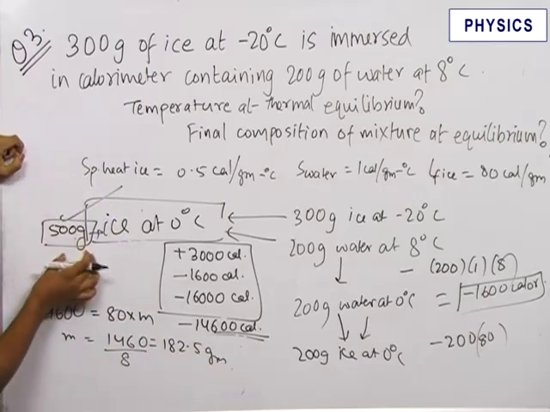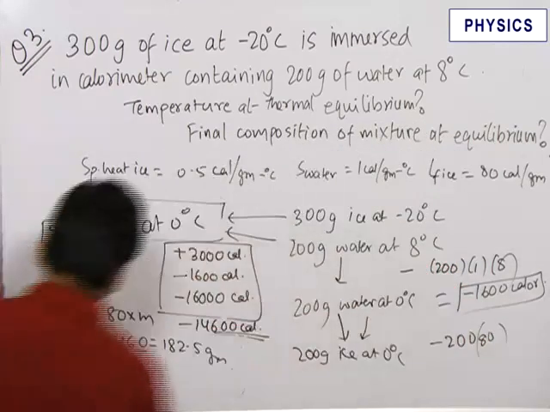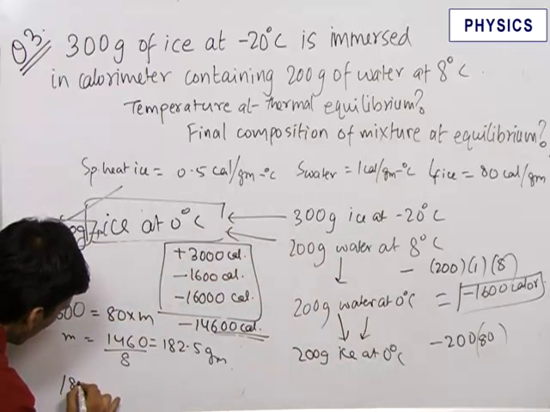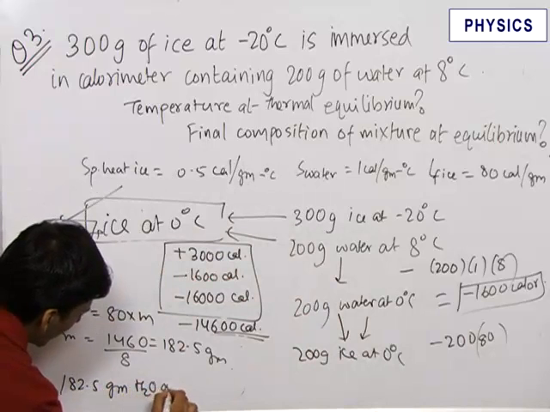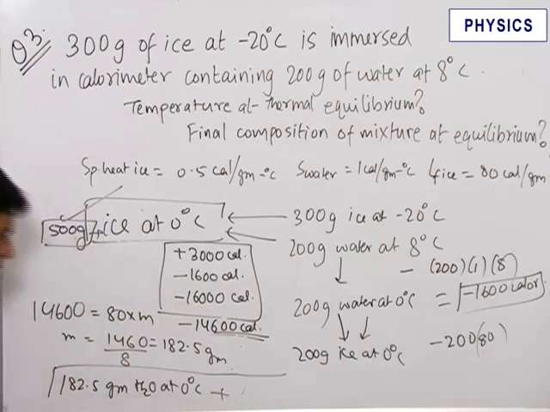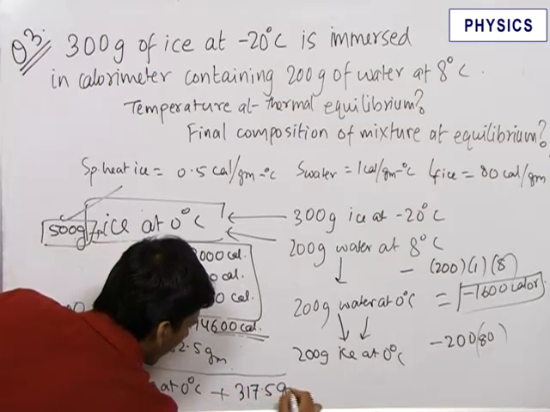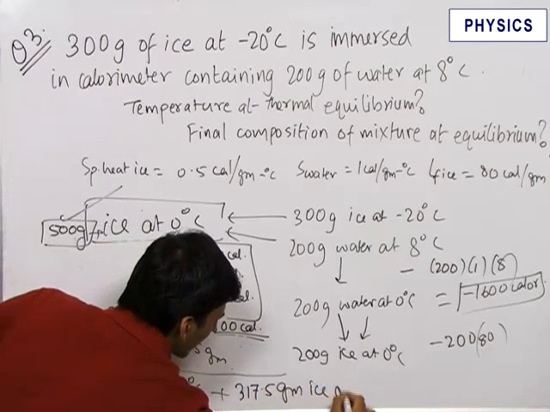But the mass of ice which we already had was 500 grams. So the final system becomes 182.5 gram of water at 0 degrees Celsius plus 317.5 gram of ice at 0 degrees Celsius.